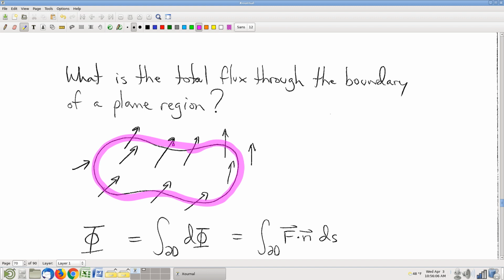If you think about it, if you look at the flux through that piece, plus the flux through that piece, plus the flux through that piece, etc., if you go all the way around the entire boundary, you're looking at all of the exit of fluid and all of the entrance of fluid, all together. And that tells you how much of this fluid total is flowing into or out of this region.